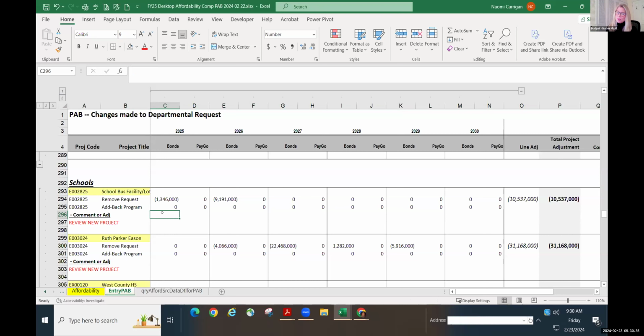I know sometimes we try not to do this, but there are occasions in which we only fund the budget year. In this case, it would be fiscal year 25. But as a general rule of thumb, we would want to try and capture the full cost that we think it's going to be so that we don't overspend. Just wanted to throw that out there.